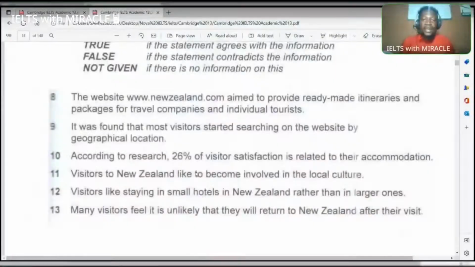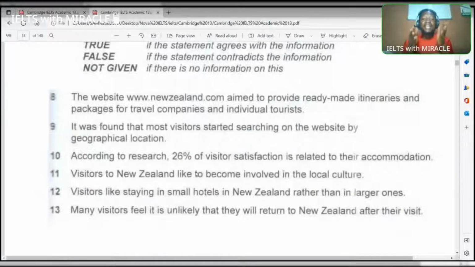Very important. As far as the reading is concerned, you are playing around with keywords. You're looking at the keywords in the statement and matching them with the ones in the passage. If they agree, then the answer is true.